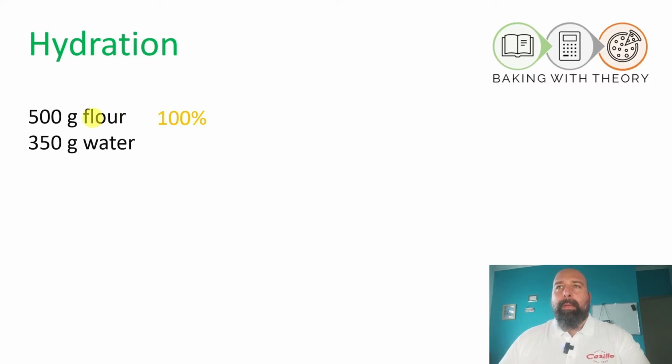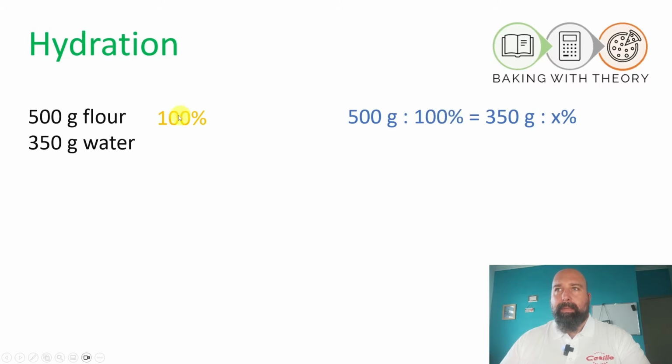So by definition, we say that the amount of flour of our recipe represents the 100%. And in this case, for example, we have the water that is 350. So we need to use the proportion. We are saying that 500 grams of flour is to 100%, the percentage, as 350 grams is to X percent.